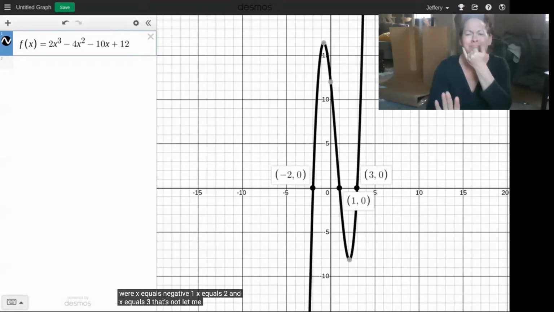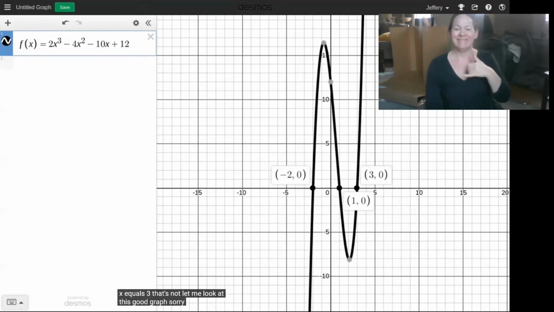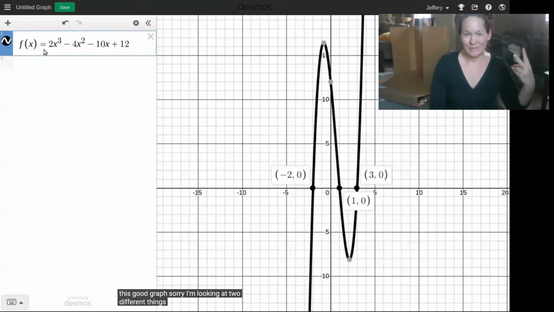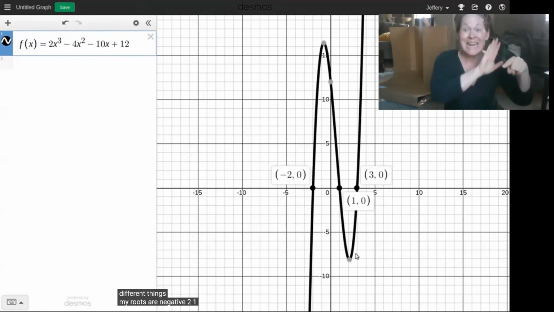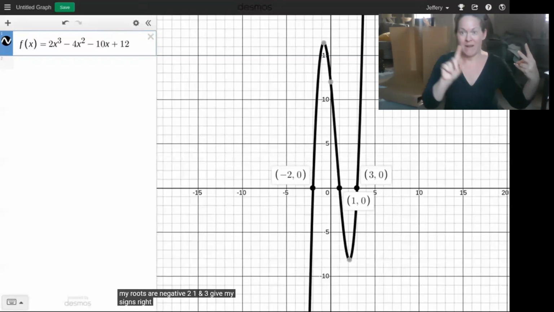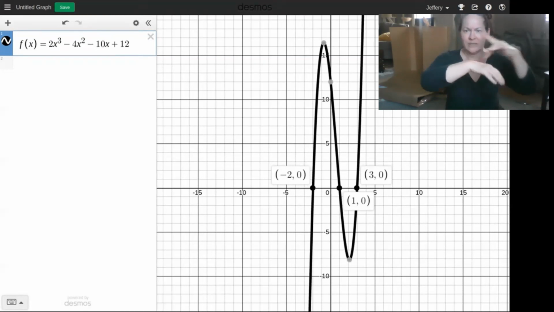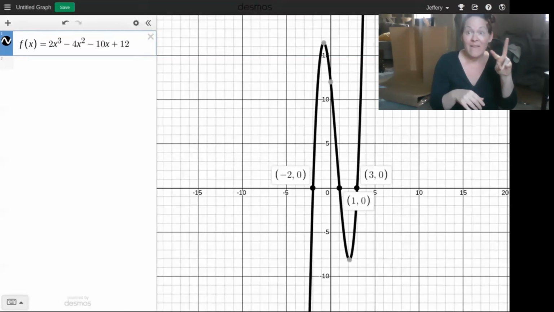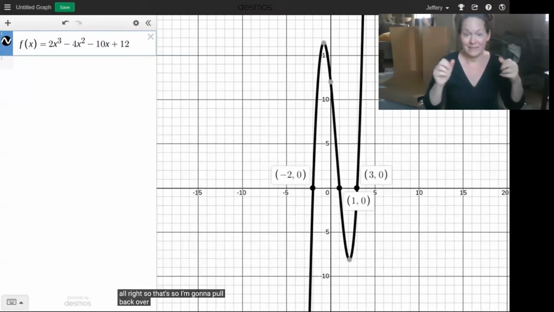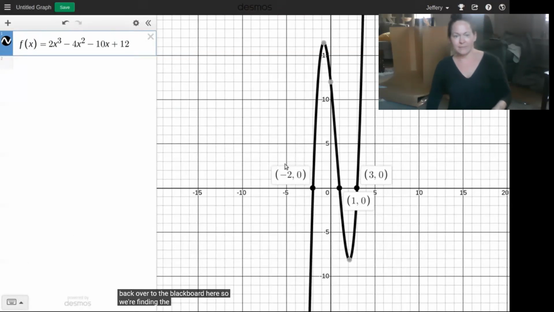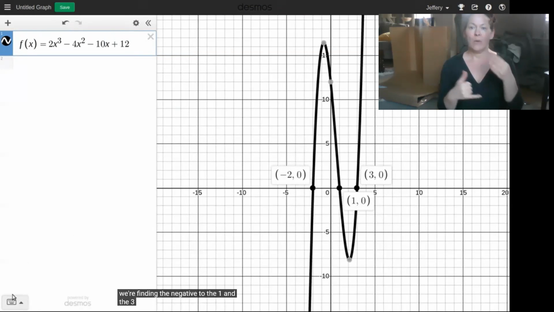No, that's not right. Let me look at this graph. Sorry, I'm looking at 2 different things. My roots are negative 2, 1, and 3. Get my signs right on this. All right, so I'm going to pull back over to the blackboard here. So we're finding the negative 2, the 1, and the 3.